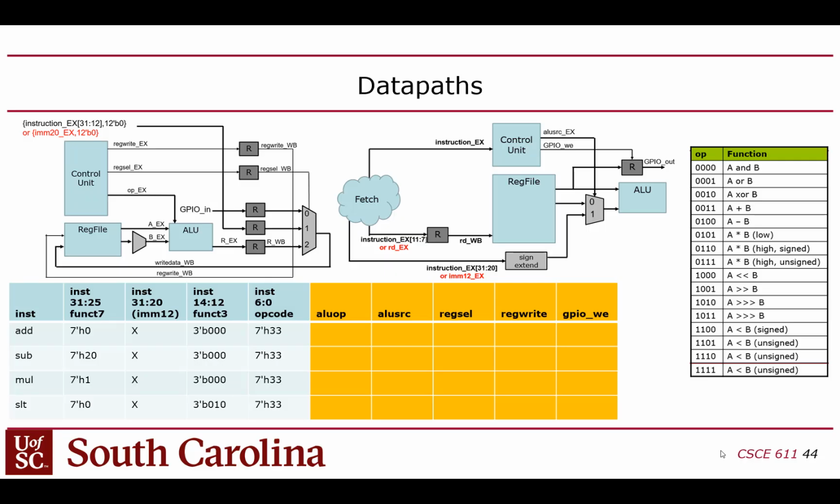So basically what you end up with is a lookup table where you have 4 inputs in total: func7, immediate 12, which as I mentioned is only relevant for CSRW because they put the control register in the immediate field, func3 and opcode.